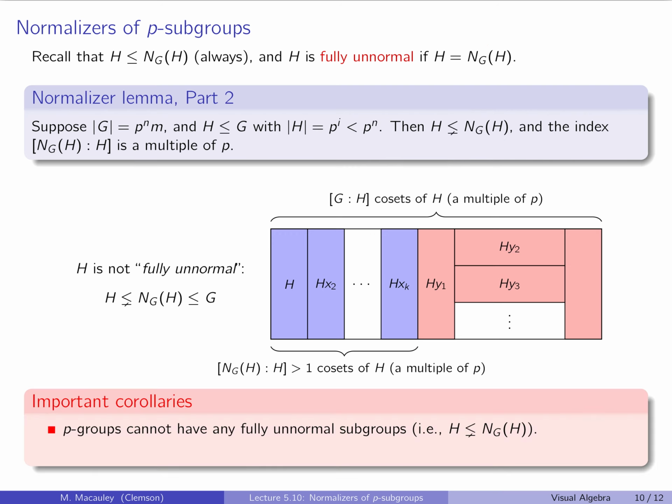There are two important corollaries of this lemma that I want to point out. The first one is that p groups cannot have any self-normalizing subgroups. In other words, for every subgroup in a p group, the normalizer grows. And remember in chapter 2 at the very end, we talked about how almost all finite groups are p groups, at least asymptotically. Something like 99.2% of the groups of order less than 2000 have order 1024, a power of 2.